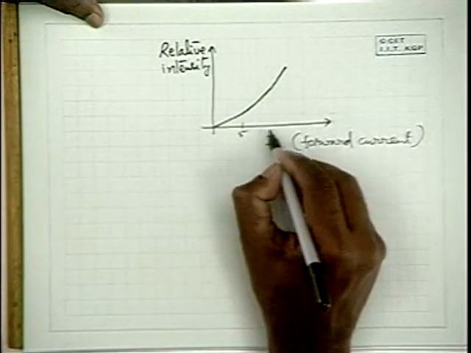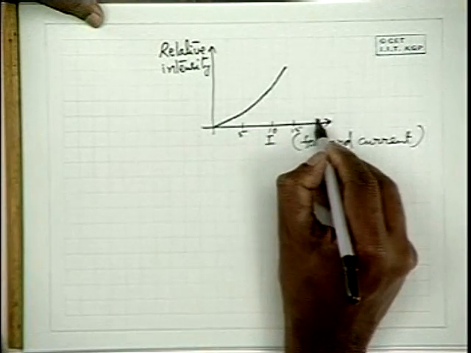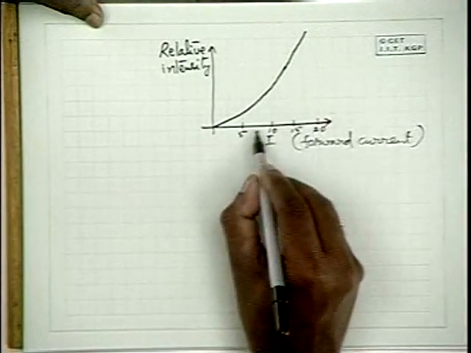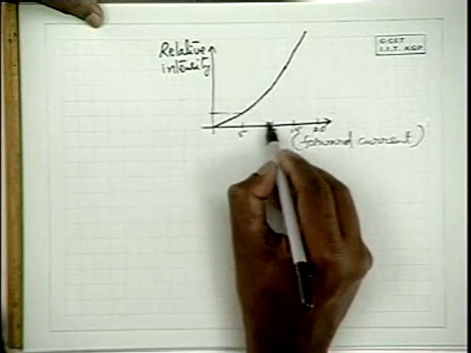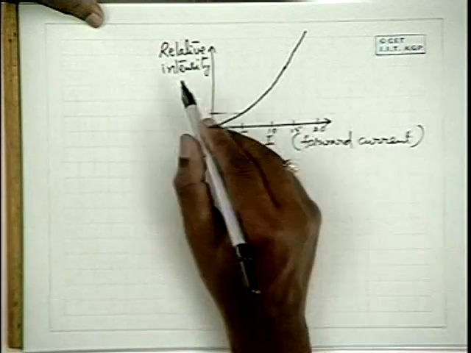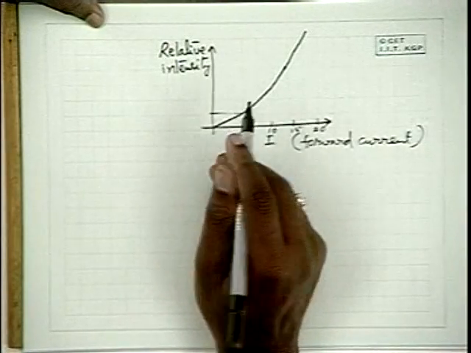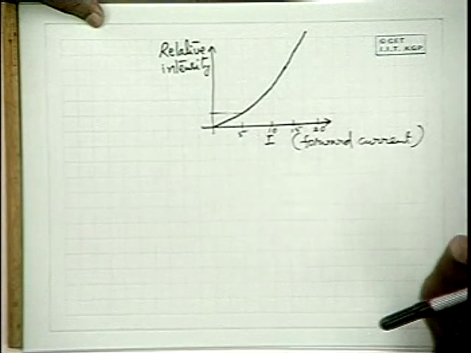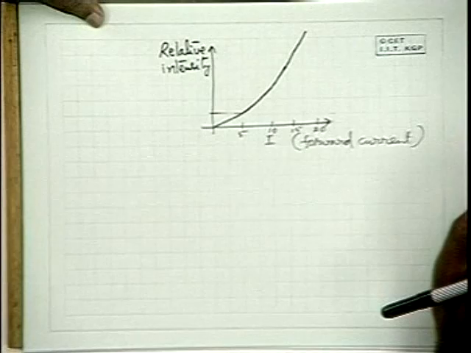At 5, 10, 15 and 20 milliamperes, these are the typical operating currents. The intensity would vary like this, relative intensity, and the absolute intensity depends on the type of diode. We have very bright LEDs and we have faint LEDs also.